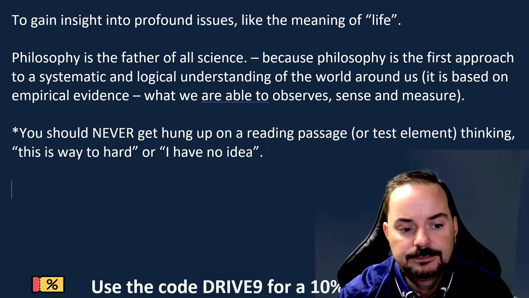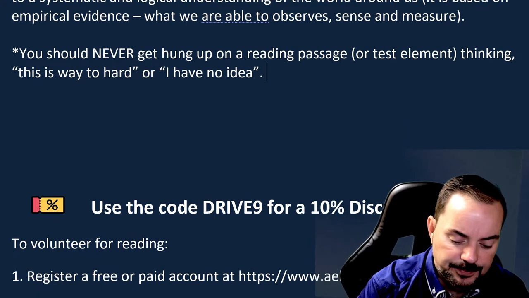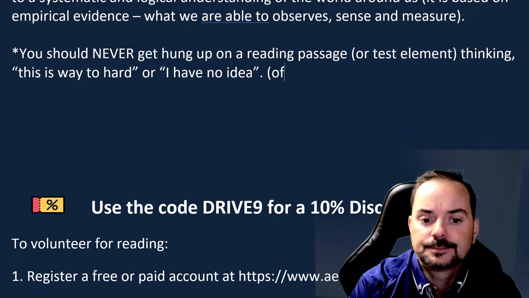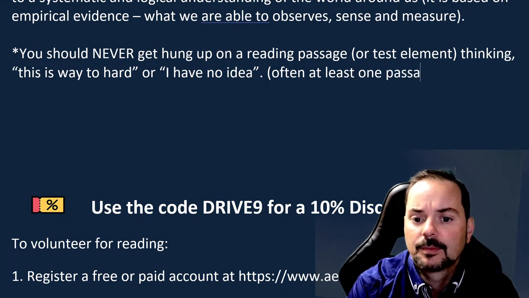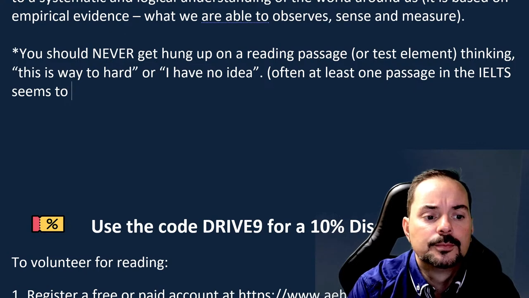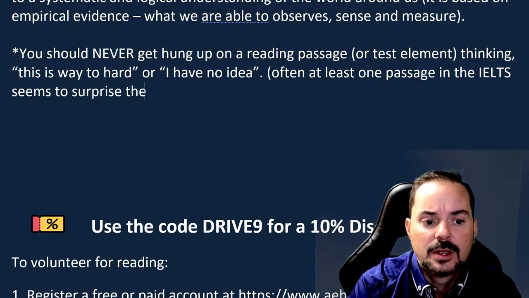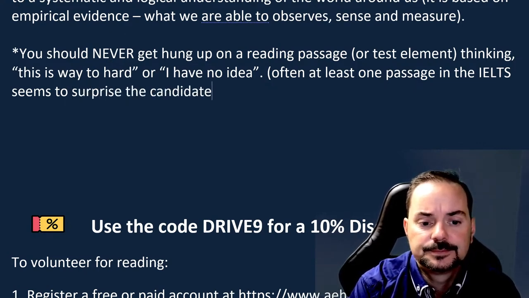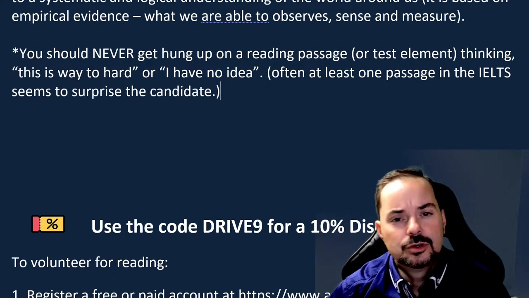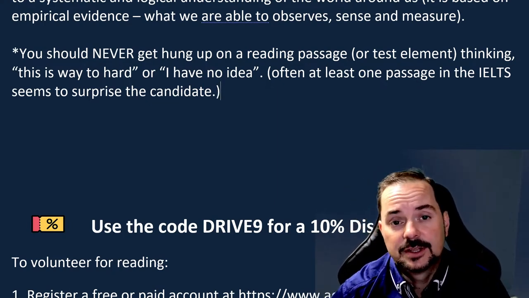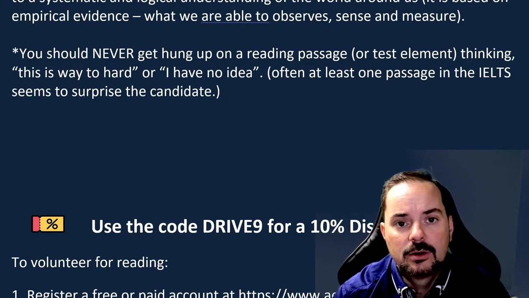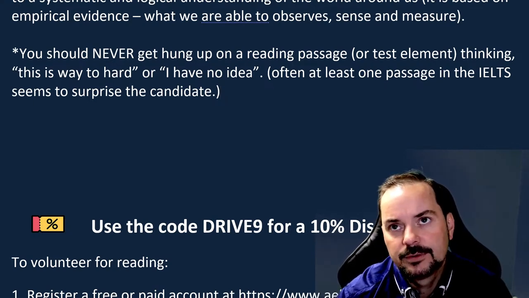Keep this in mind: often at least one passage in the IELTS seems to surprise the candidate. There's usually one passage, especially in the academic, that I'm talking about right now. General, maybe not. I think that's one of the bigger differences.